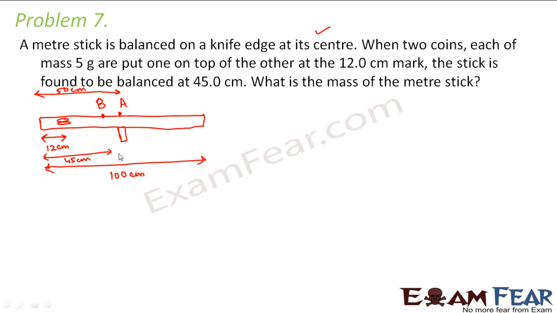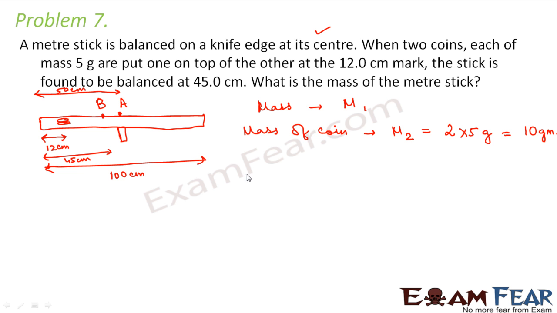So we have to find out the mass of the meter stick. Let us suppose that the mass of the meter stick is M1. The mass of the coin, let me denote by M2. So the mass of both the coins together will be 2 into 5 grams, that is equal to 10 grams.